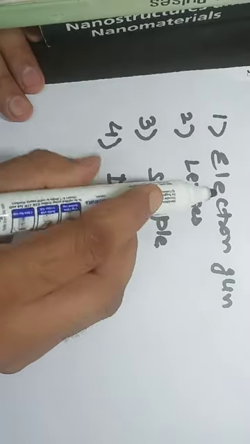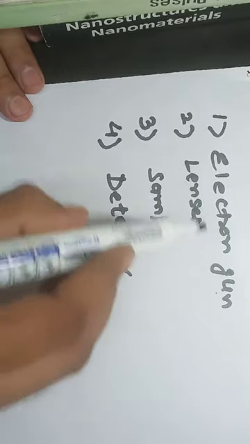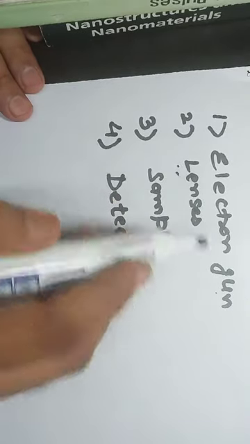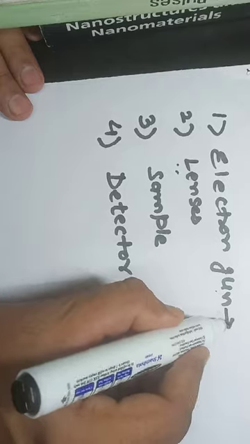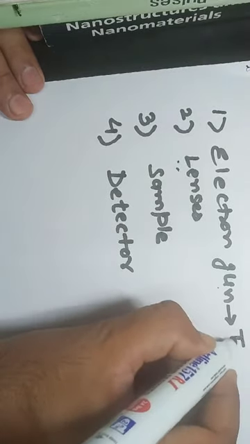So the electron gun will emit the electrons. If you recall, it would be like a tungsten filament.